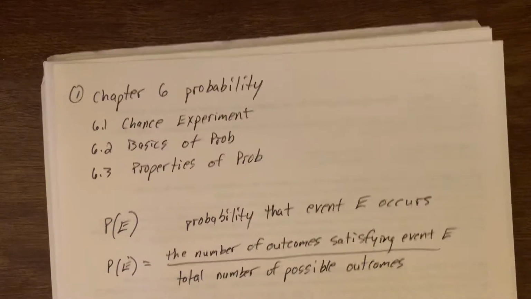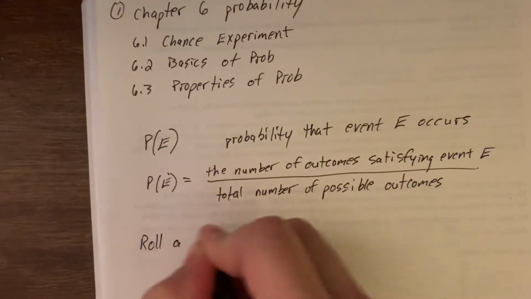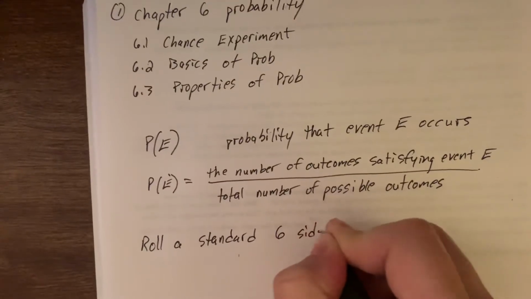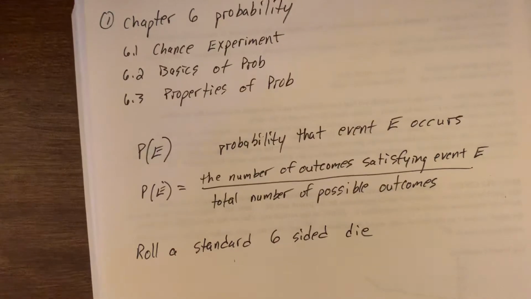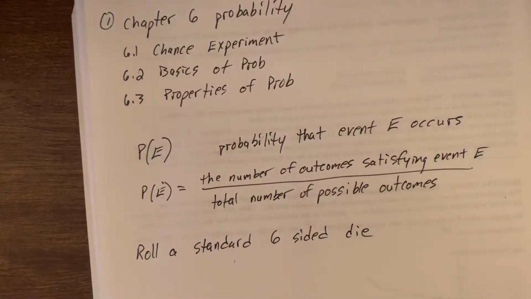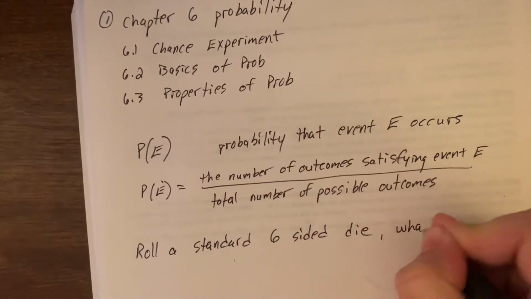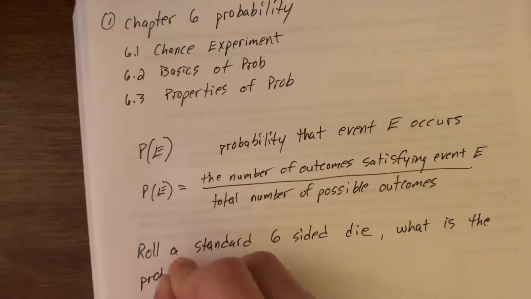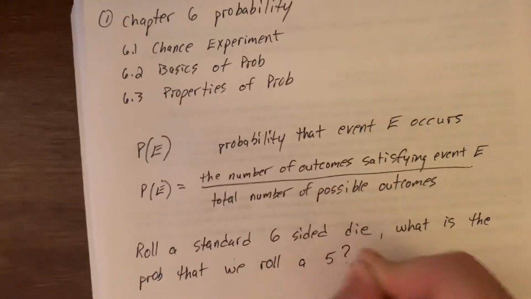So let's start off with a really, really simple first example. If we roll a standard 6-sided die, like playing a board game, we have a set of dice, but now we're only looking at one of them. If we roll this standard 6-sided die one time, what is the probability that we roll a 5?